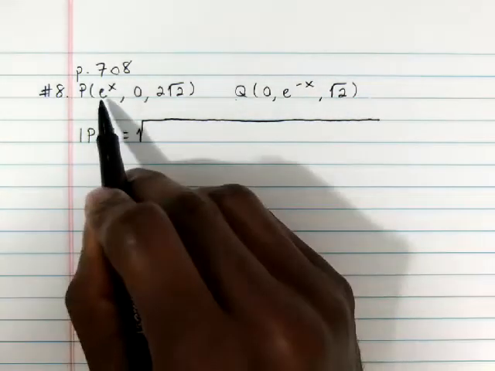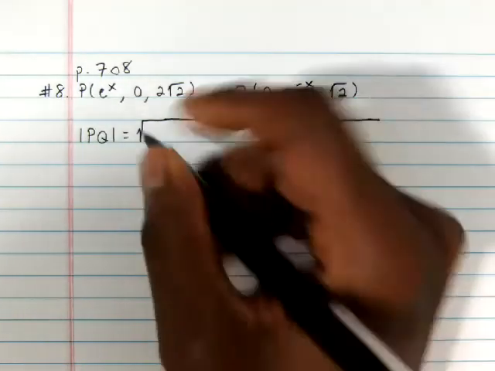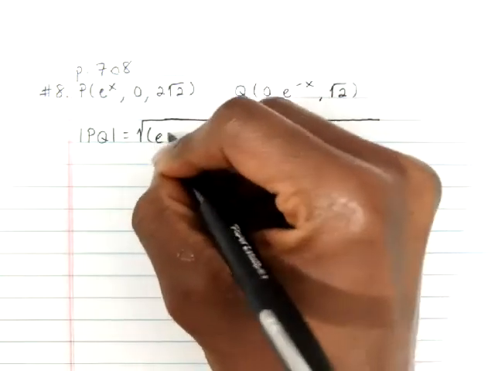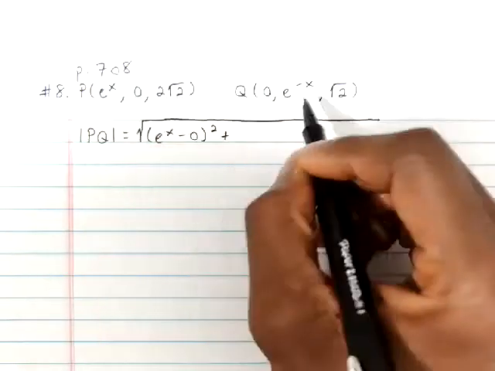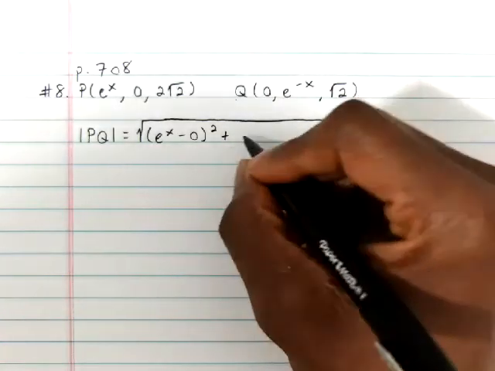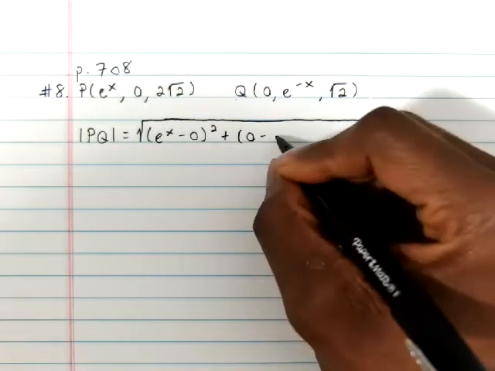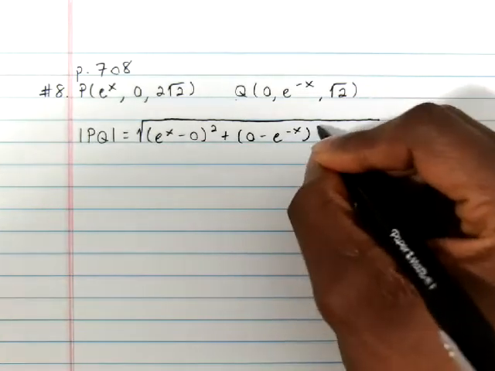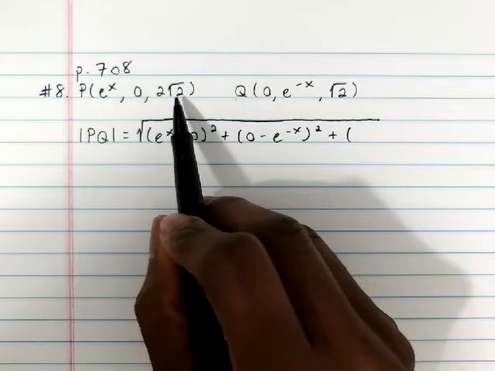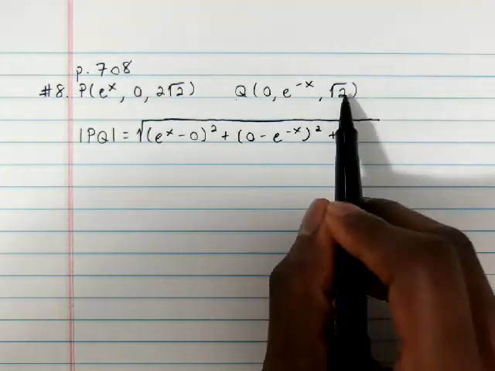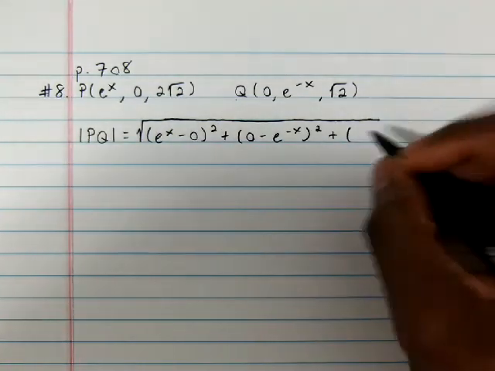So e to the x minus 0 quantity squared plus 0 minus e to the negative x quantity squared and then plus 2 root 2 minus root 2 quantity squared.